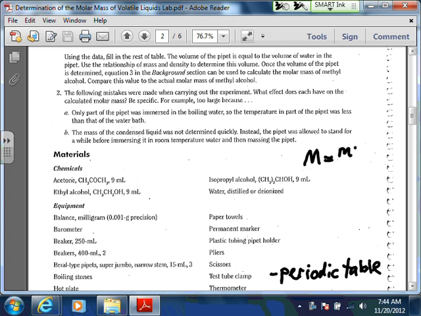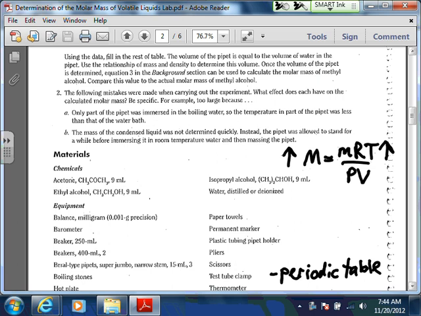Molar mass equals mRT over PV. Temperature's on top of that equation. So if the temperature in part of the pipette was actually less than what we recorded, our recorded temperature is going to be too high. And if we're recording our temperature too high, then that's going to make the calculated molar mass higher than it should be.